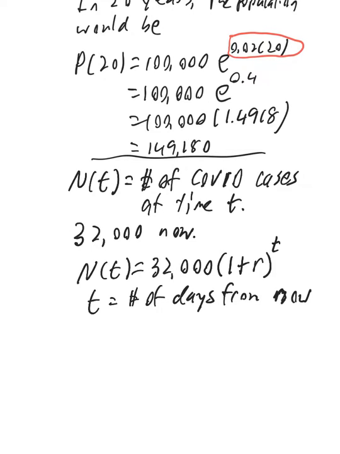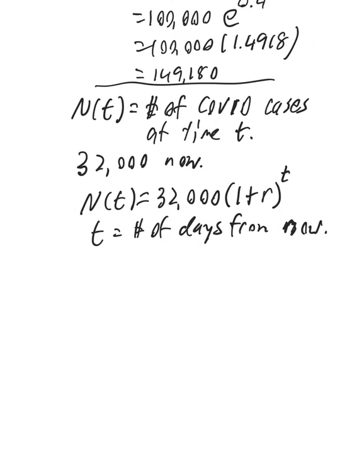Now, every 8 days, we're having about 10 times as many cases. So what does that mean? That means N of 8 should be 320,000, 10 times what it is now.